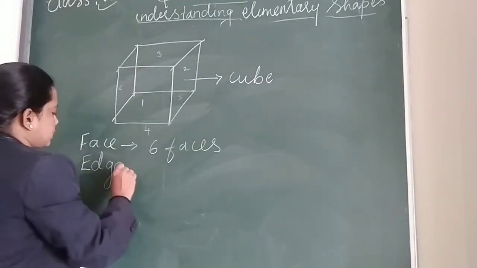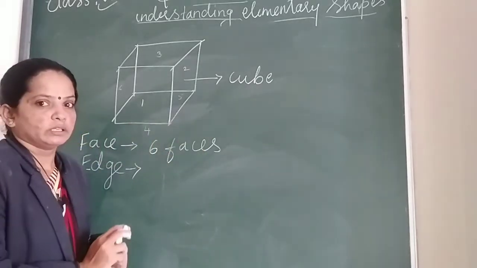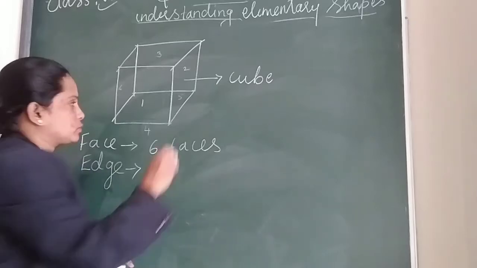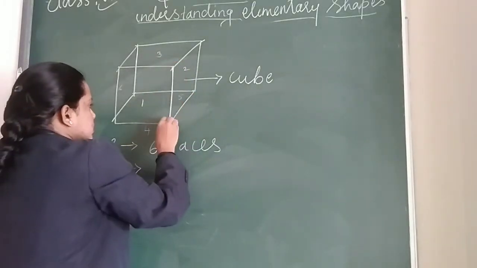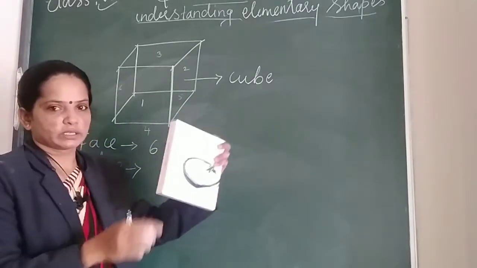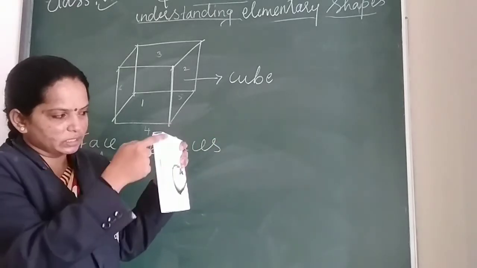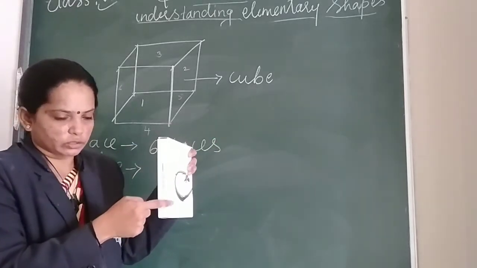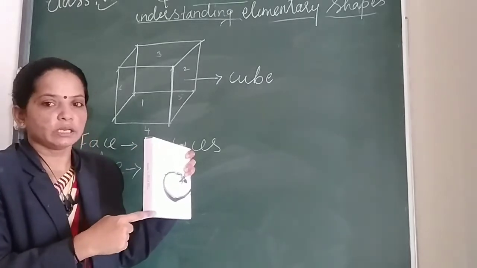What do you mean by edge? When two faces meet, the line segment. These two faces make this edge. For example, this is one face and this is another face. This is the edge, where the two faces meet. This line segment is called the edge.